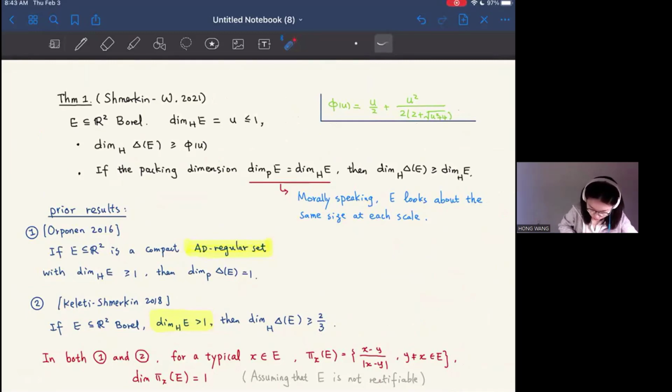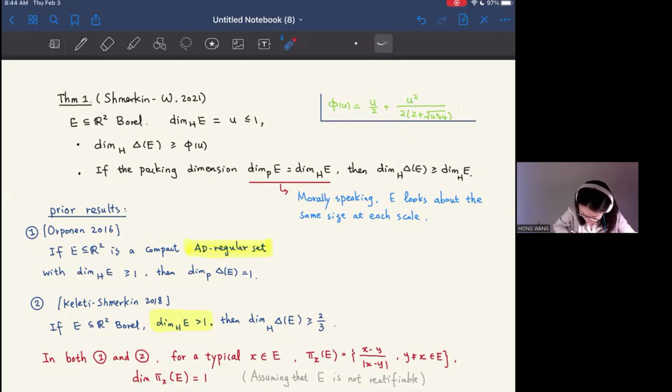The first result, joint with Shmerkin, is that if E is a Borel subset of R2, and the Hausdorff dimension of E equals u, which is smaller than or equal to 1, then we show an explicit lower bound for the Hausdorff dimension of the distance set of E. Even though this is given by a somewhat complicated algebraic function, I feel it's kind of an artifact of our method. It does not really say that this should be the result.